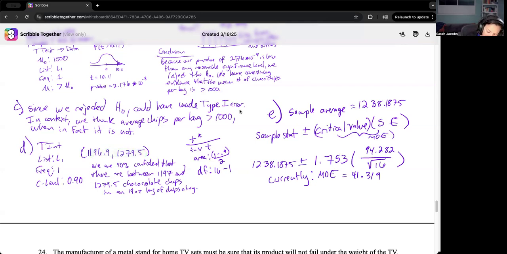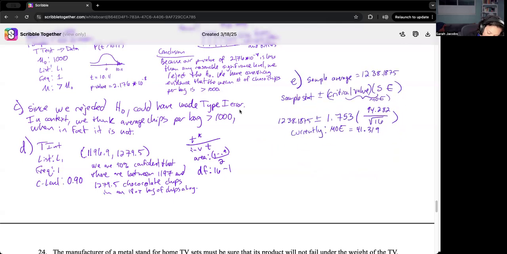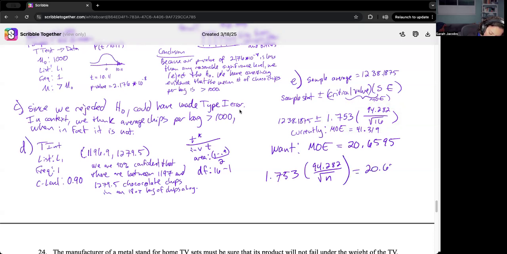We want to divide that in half. So we want a margin of error equal to 20.6595. Then we're changing our sample size. So we're going to just set this part up: 1.753 times 94.282 all over root n to equal 20.6595.